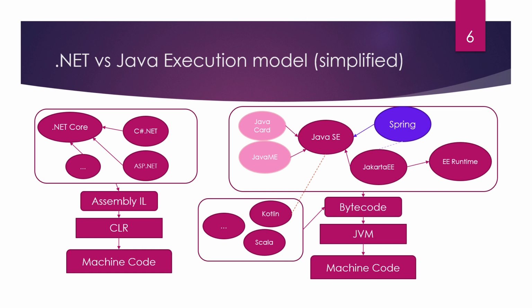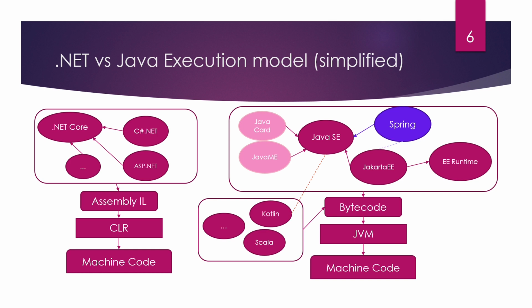And when the application is deployed on the server or on the client's side, something called CLR translates the assembly.il code to machine code. CLR is .NET Virtual Machine. It doesn't care how the assembly.il code is generated, it just translates it to the machine code.